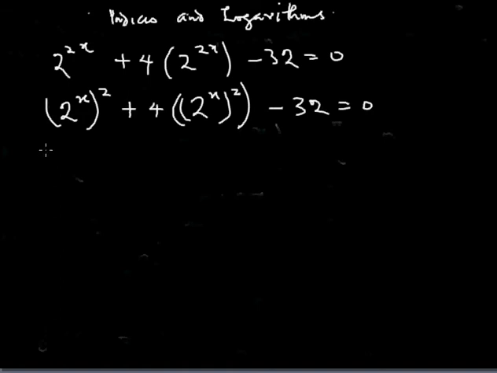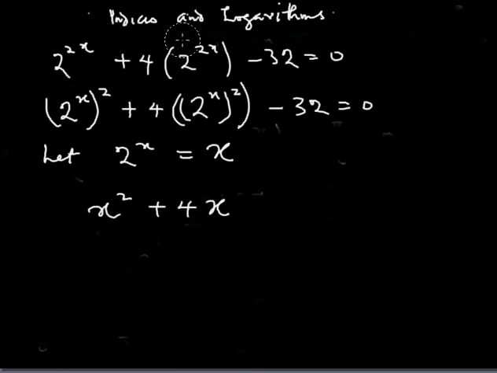Then let 2 raised to the power x be x. That means you have x squared plus 4x. There's a problem with this equation.